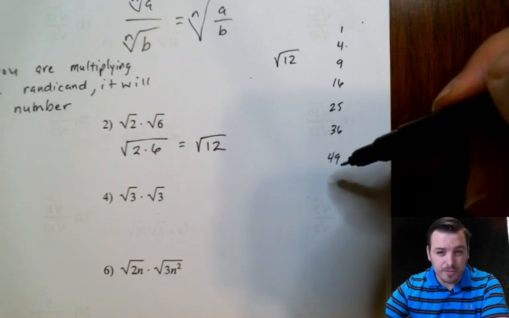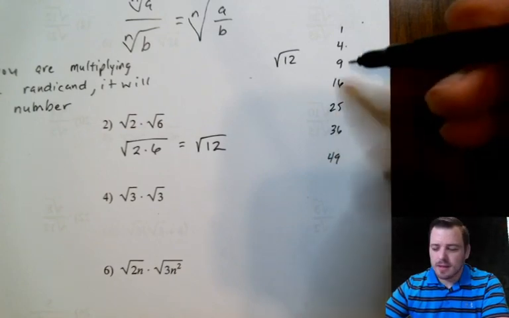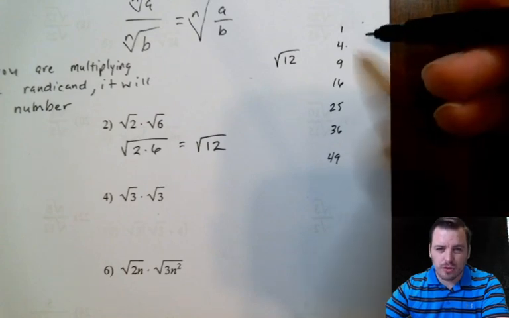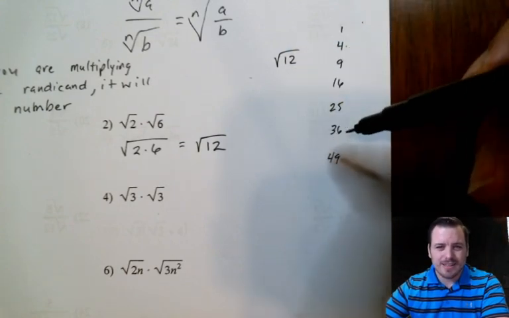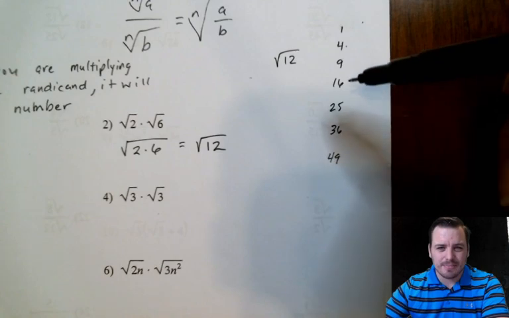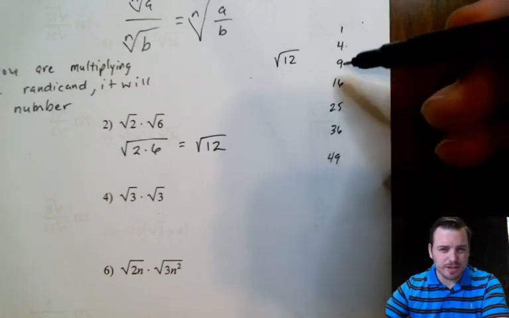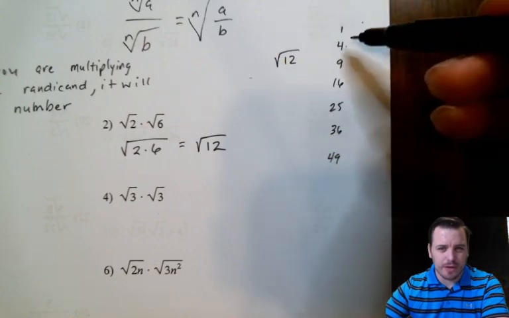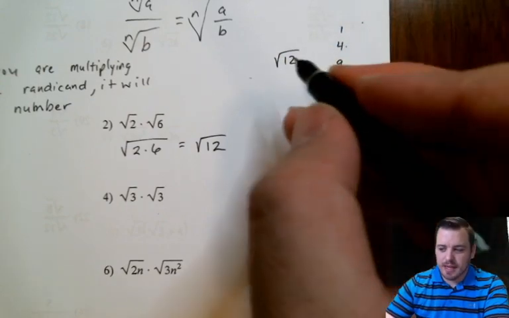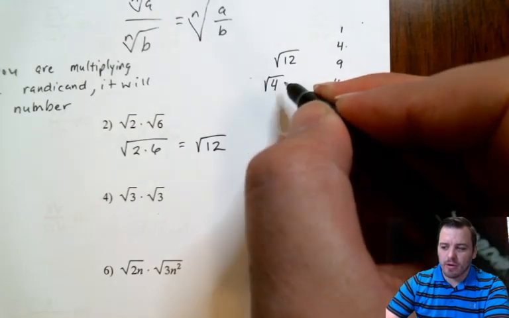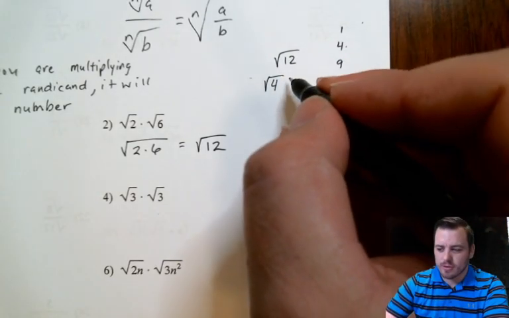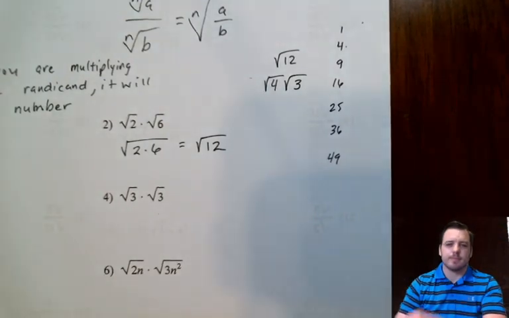I hope you guys remember that. This was a struggle. So it's a very easy concept. Give me a thumbs up or something in the chat box if you kind of remember doing this. And then from here we would say, oh, radical 4 will. And then what times radical 4 will give me radical 12? Radical 3.